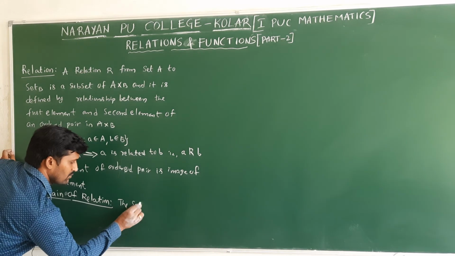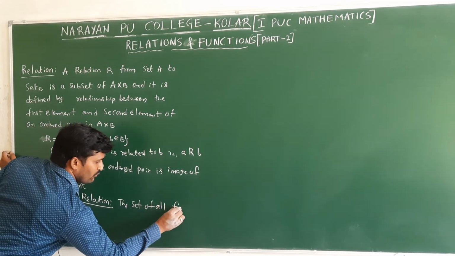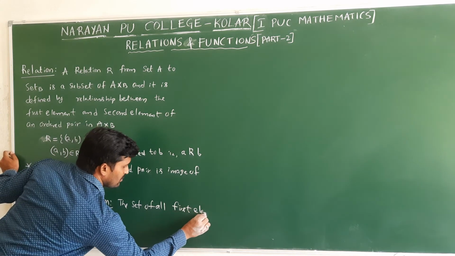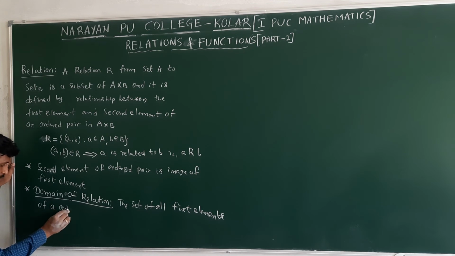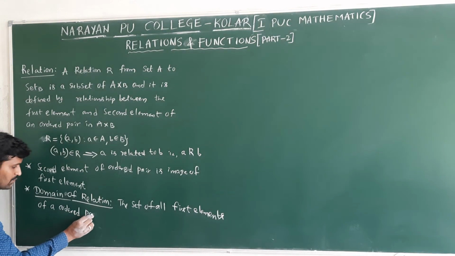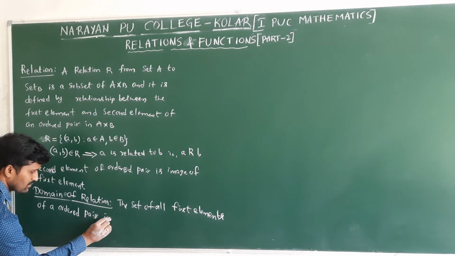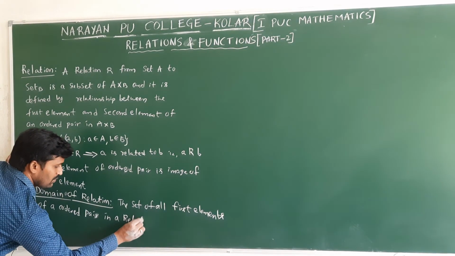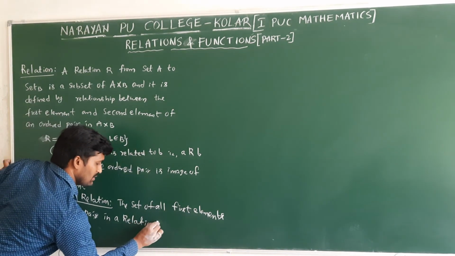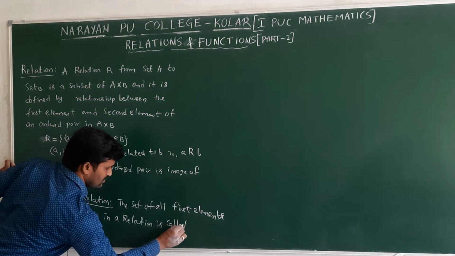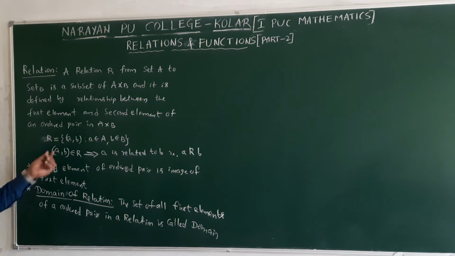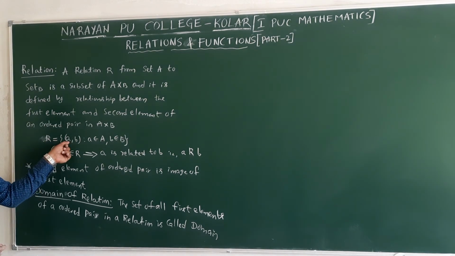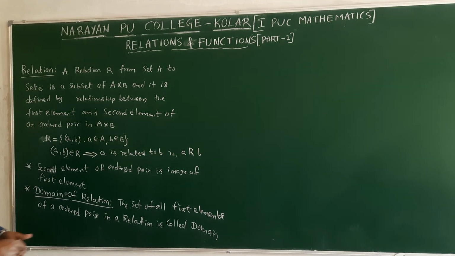The set of all first elements of an ordered pair in a relation is called the domain. Here, what is the first element? a. That gives the domain values.